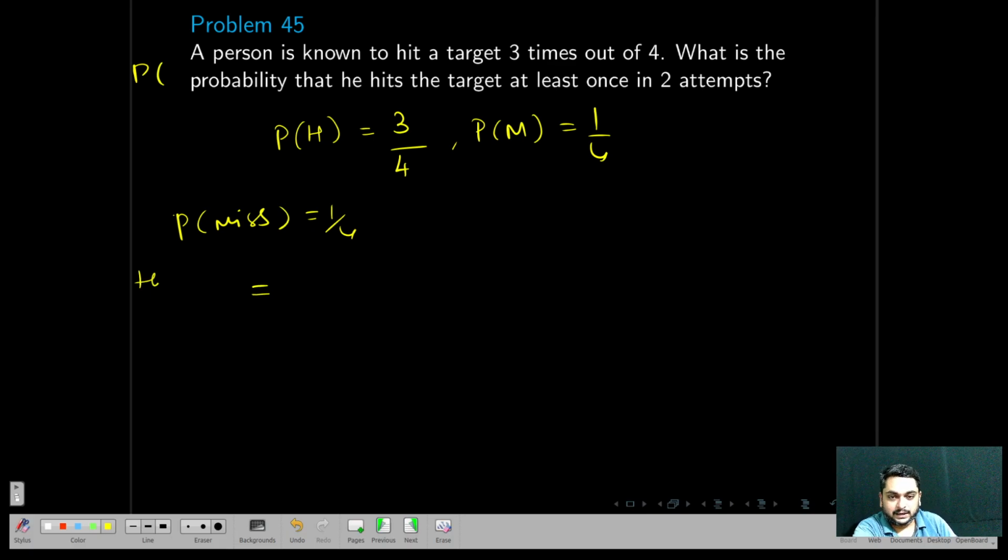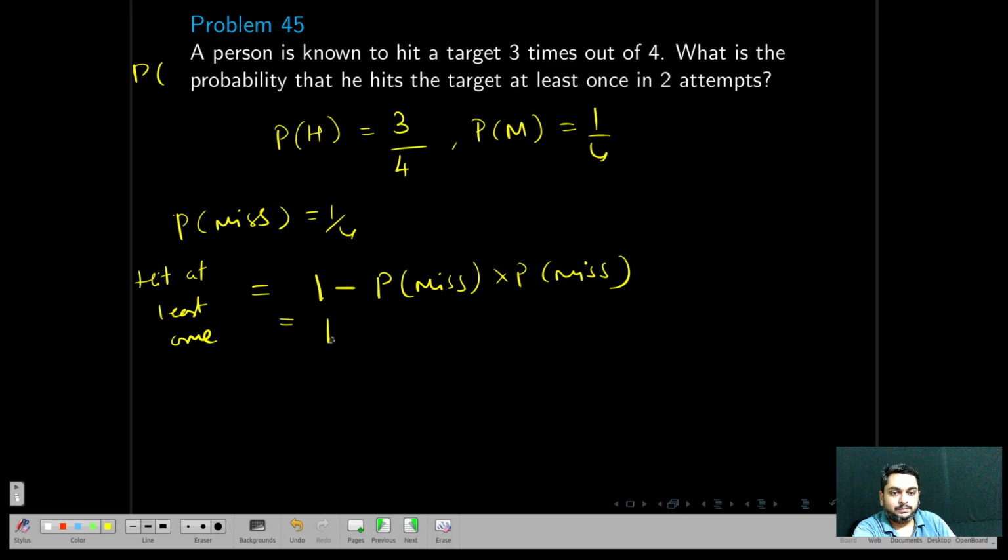Hit at least once means 1 minus, he misses both the attempts, P of miss into P of miss. So 1 minus 1 by 4 into 1 by 4, that is 15 by 16.